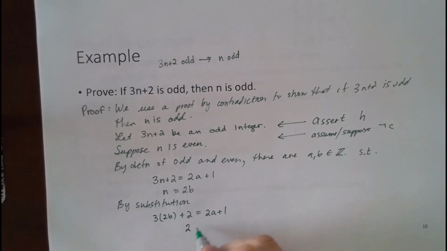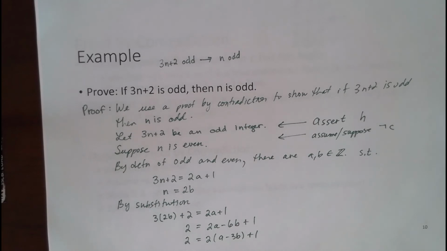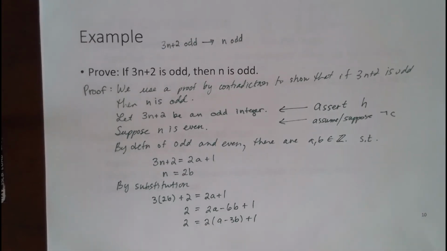So that would give us that 2 equals 2a minus 6b plus 1. And so 2 would be in the form 2 times a minus 3b plus 1. So what are the implications of that statement? That 2 must be an odd number.